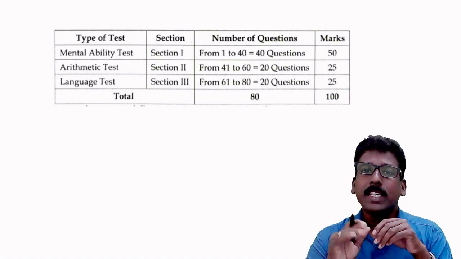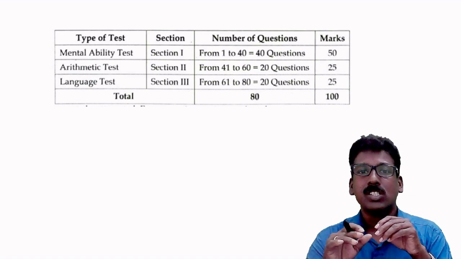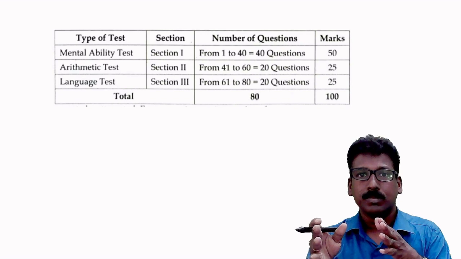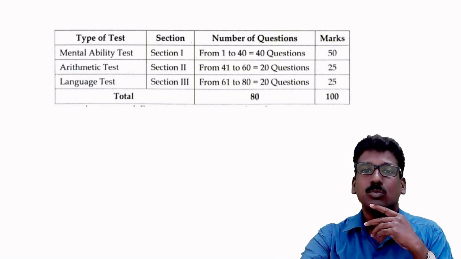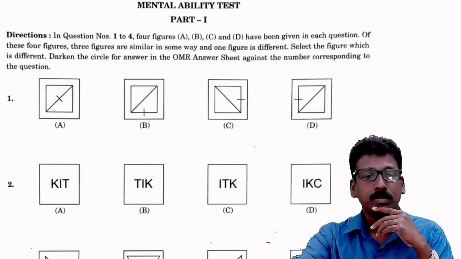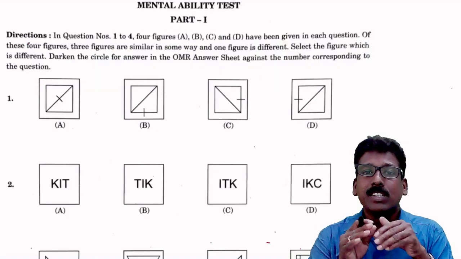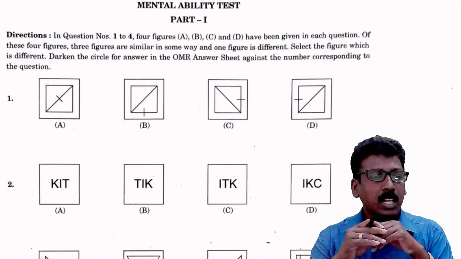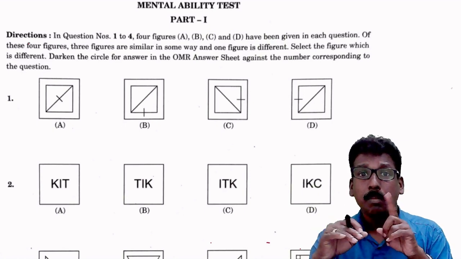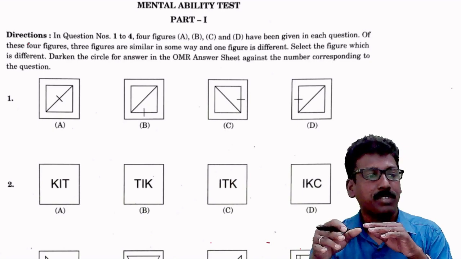Now, this mental ability test contains 40 questions in 10 parts, each part having 4 questions. Let us look at the first part. There are 4 figures A, B, C and D, but one figure is different from the other figures.